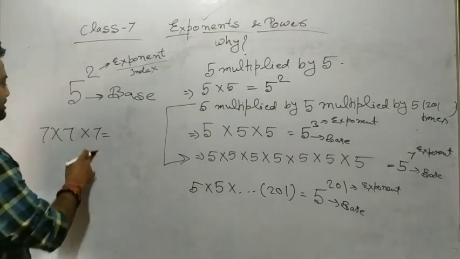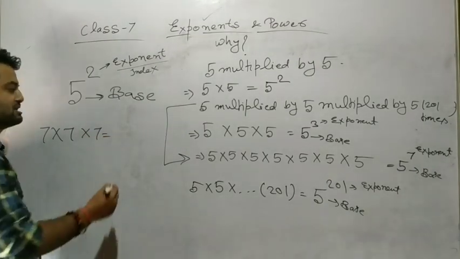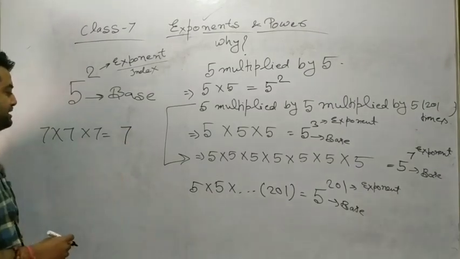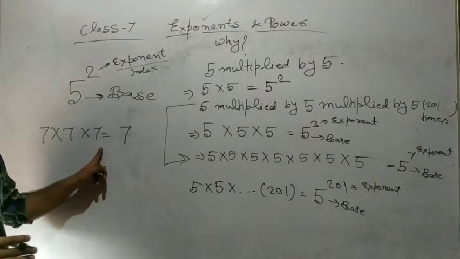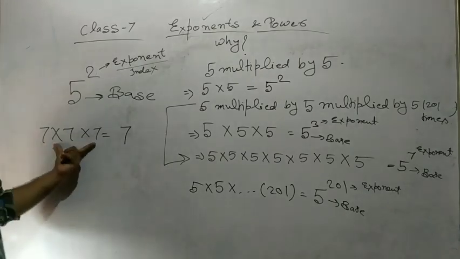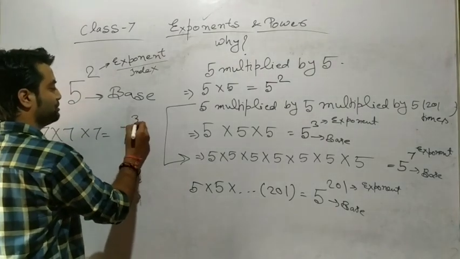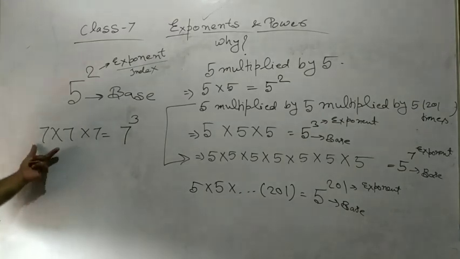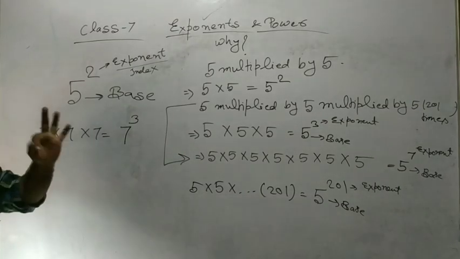Yeah, exactly. 7 is multiplied with itself, so 7 will be the base. And the exponent is the number of times it is multiplied with itself. So here the exponent will be 3 because 7 is multiplied with itself 3 times.